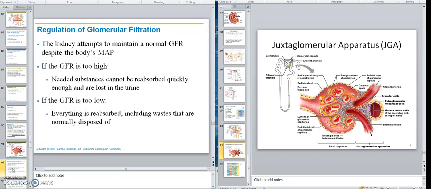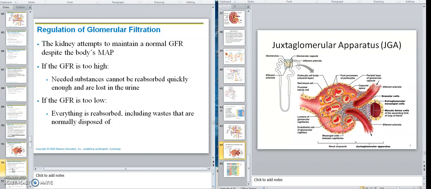But if you come out less from the heart, then it's going to be less at the afferent arteriole. So anytime shock would occur, or if you had temporary hypotension, not to the level of shock, you would lose the kidneys.